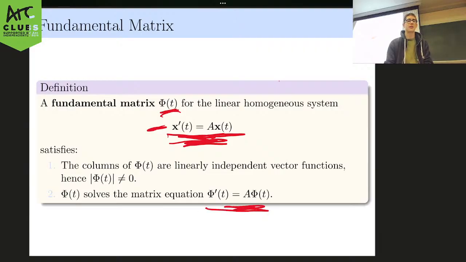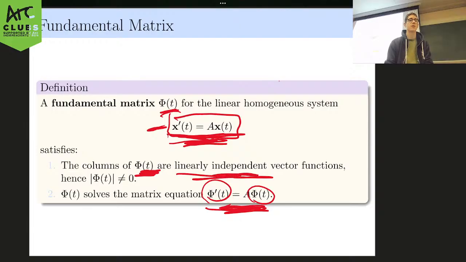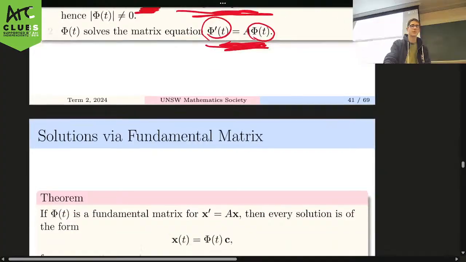First of all, it satisfies the matrix version of this equation: instead of x dash and x, we have phi dash and phi, so it's now a matrix equation instead of a vector equation. And also, phi is invertible, meaning that it has linearly independent columns, because we want phi to represent a basis of solutions to this differential equation. So if we have the general solutions to the differential equation, we can put those in phi, and that would be a fundamental matrix.